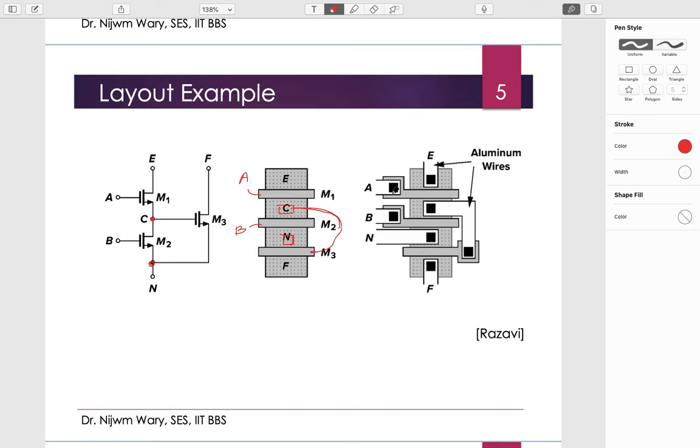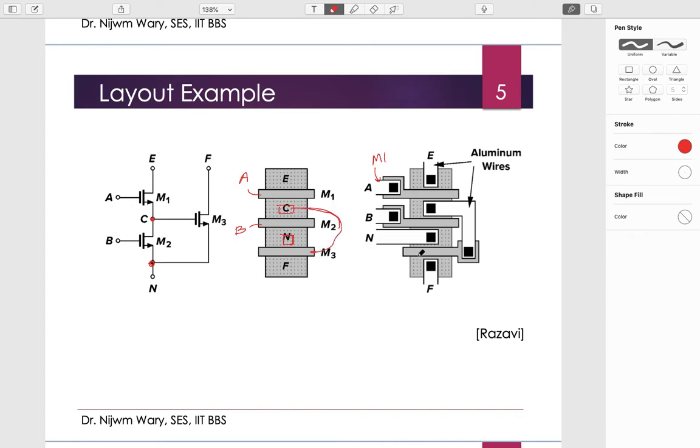So I'll have a contact here, which will be connected to M1, since this line is M1, and this is the point where there is a contact, and it will be connected to point B, and this is the point N. Of course we have this terminal here, so it can be directly connected to M1 here, and this is the poly of M3, as I have shown in this connection.